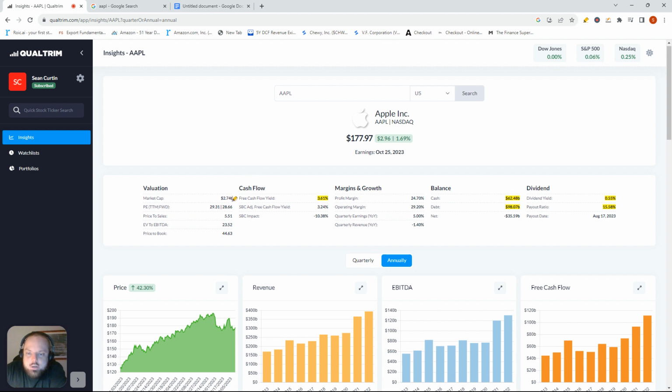And then the last metric we need to look at is their market cap. So, I'll touch on this in another video for the sake of brevity, but this is a $2.74 trillion market cap company, which means that it's a mega cap, which means that it's in a class of its own, along with companies like Microsoft.